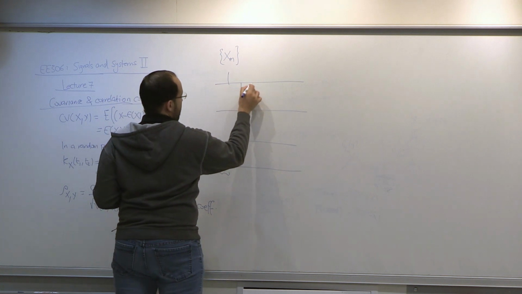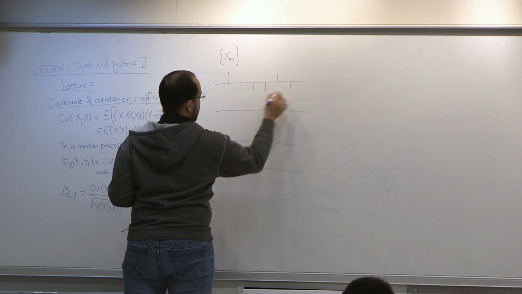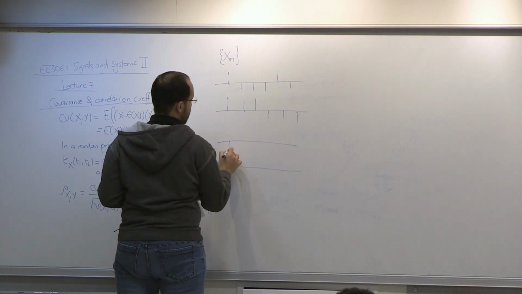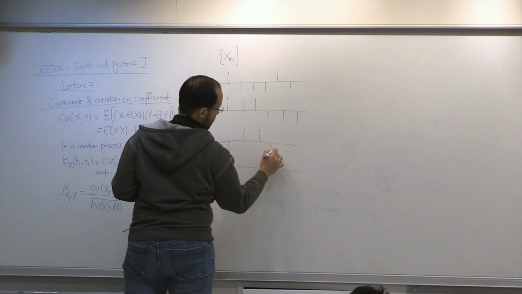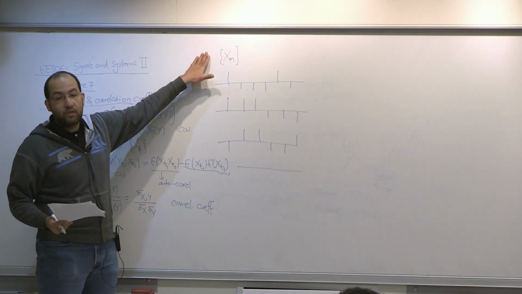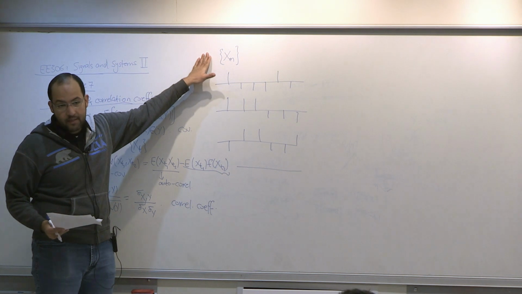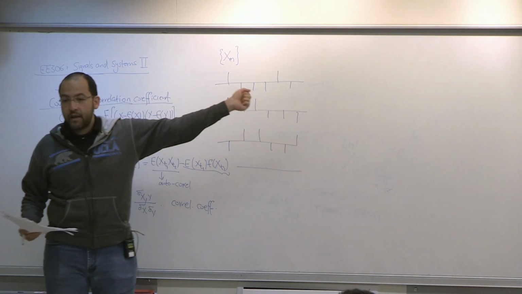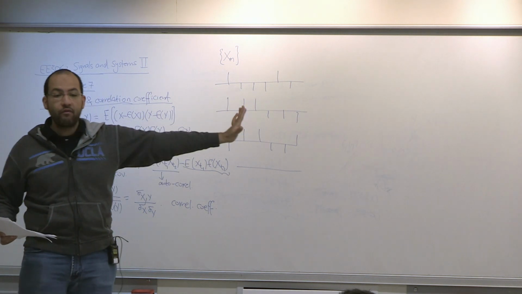So this is version 1, and this is version 2, and this is version 3, and so on and so forth. You can think about this random sequence, which is itself a random process, as a collection of time-varying random variables, a set of time-varying random variables.